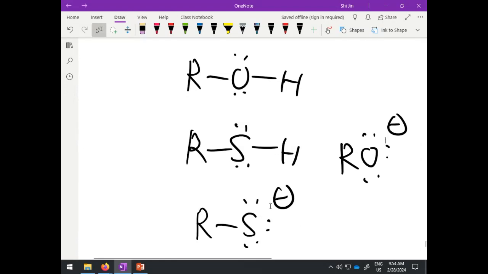So when thiolate reacts with a secondary alkyl halide, you will have mainly the SN2 product, not E2, while with alkoxide you will have mainly the E2 product. That's the difference. You learned it in organic 1, but we'll be revisiting it in organic 2. So with a secondary halide, alkoxide will give E2 as the major product, but thiolate will give SN2 as the major product. With primary halides, both will give SN2 as the major product.